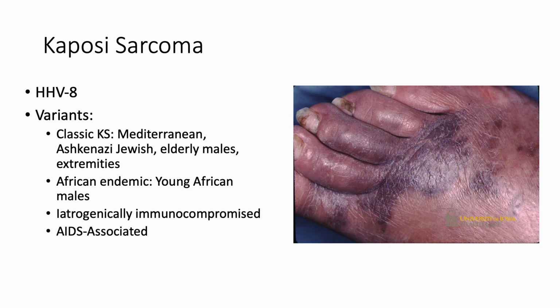The African endemic type usually happens in young African males. And if the patient had lots of immunosuppressors, there can be an iatrogenically immunocompromised type of Kaposi sarcoma. And lastly is the AIDS-associated Kaposi sarcoma.